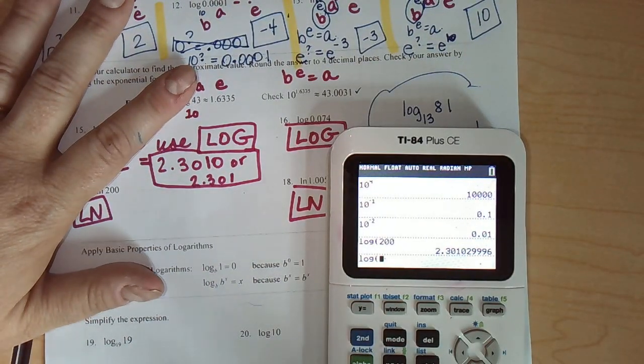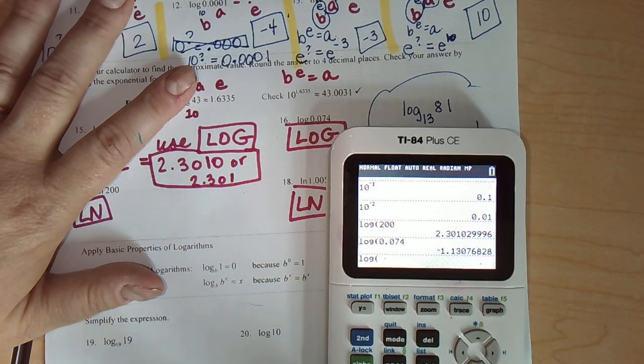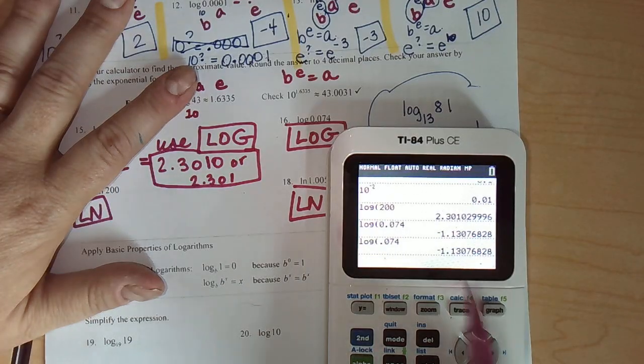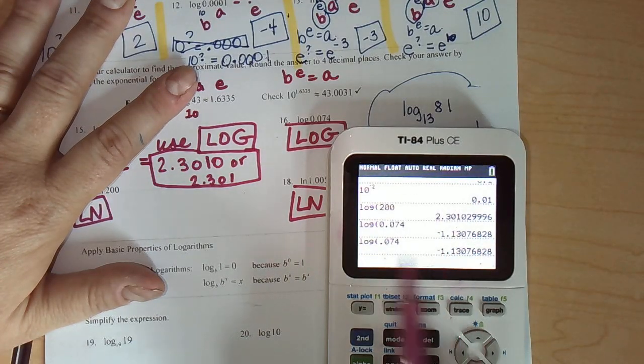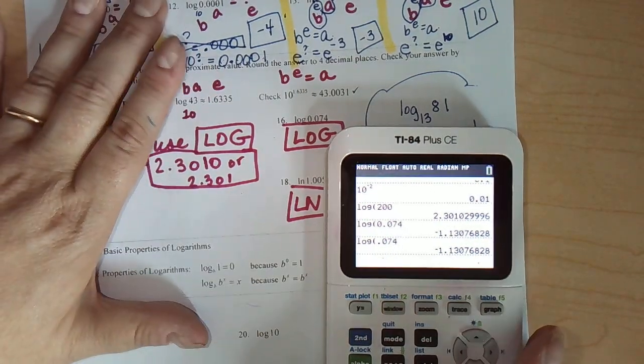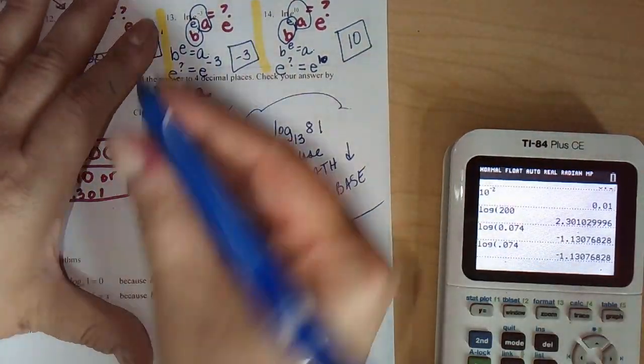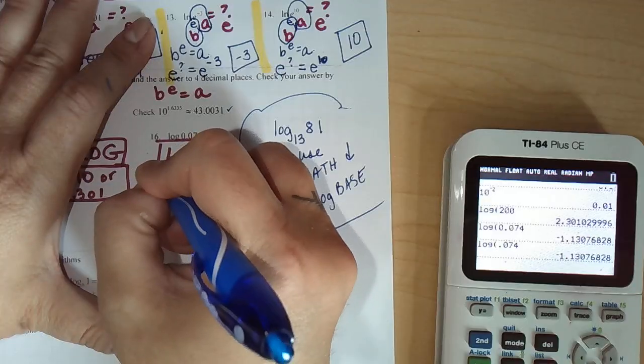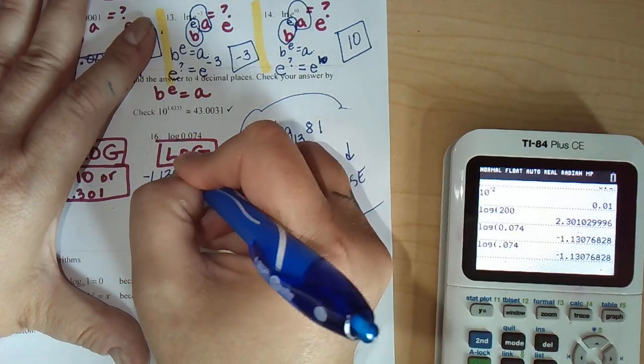Again, log. And if we forget to put the first 0, it's still cool. See how I forgot to put the first 0? It's cool. And I'm not closing my parentheses. That's cool too. Who cares? All right, so this gets negative 1.1376.